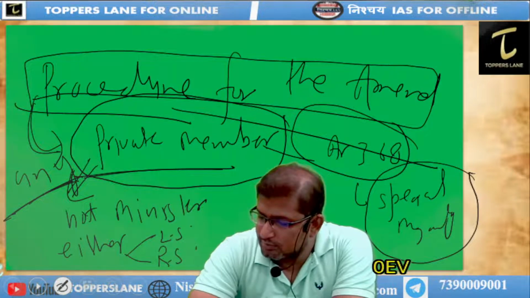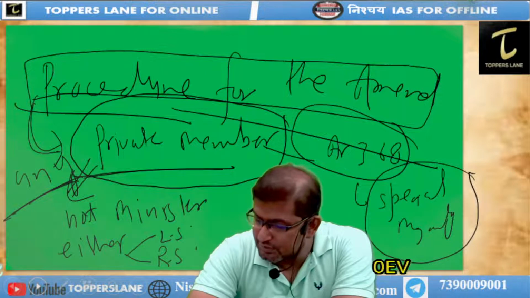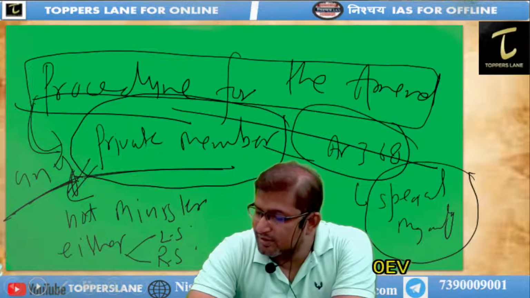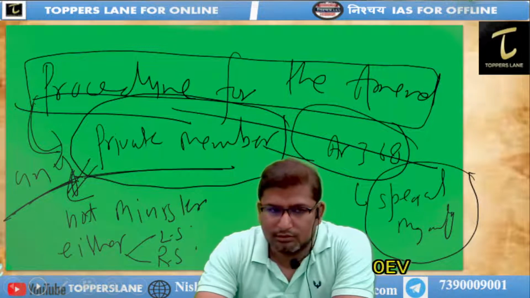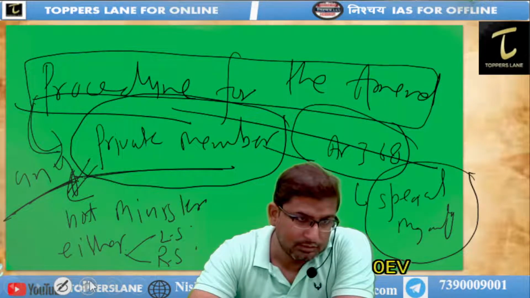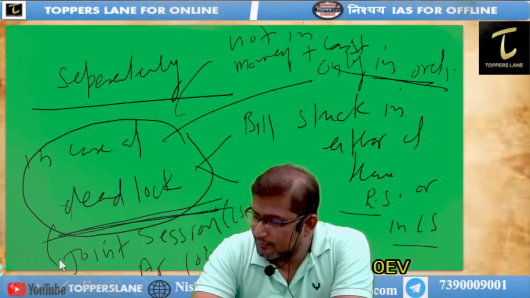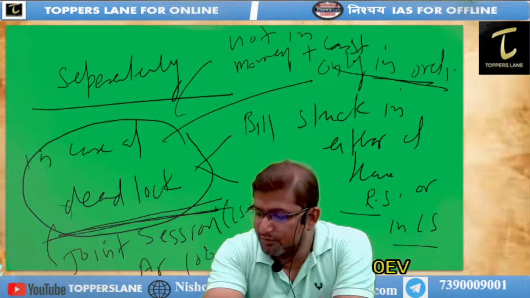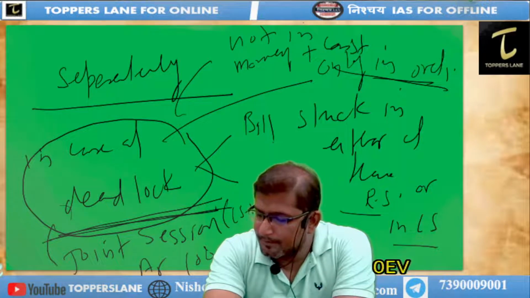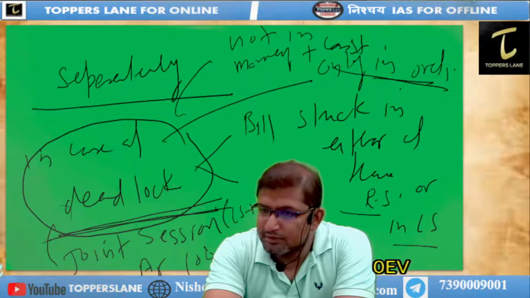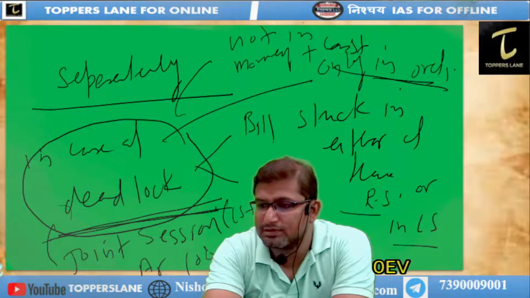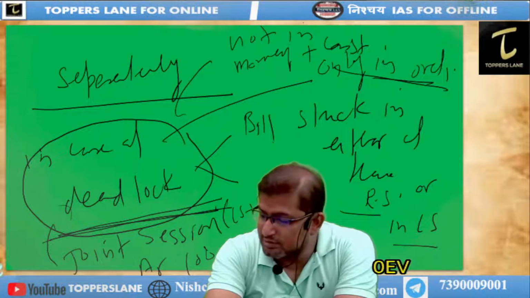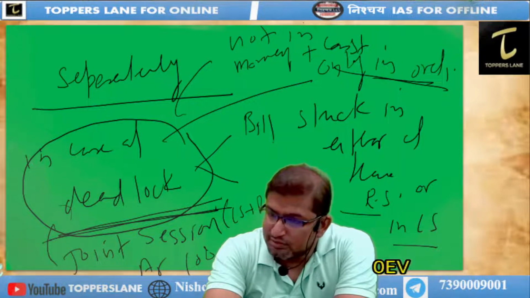Amendment of the Constitution can be initiated only by the introduction of a bill, either by a minister or by a private member, in either of the houses, that is Lok Sabha or Rajya Sabha, but not in the state legislature.